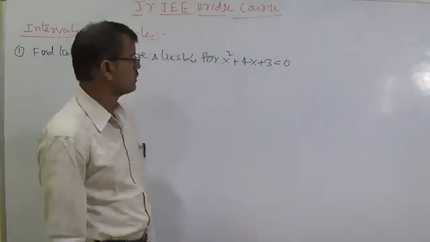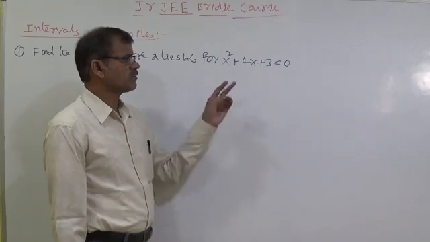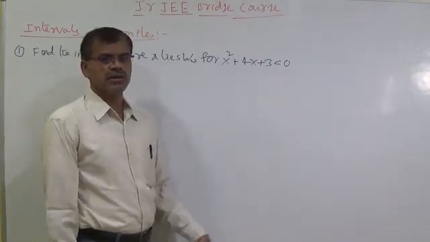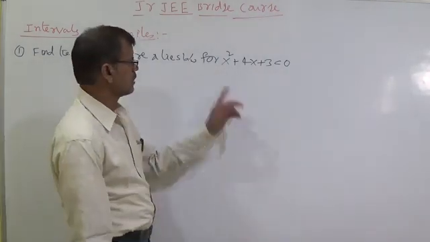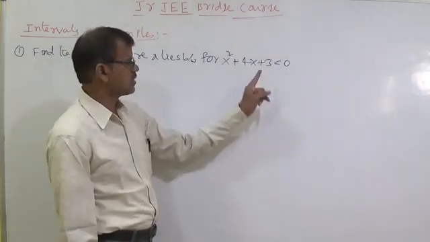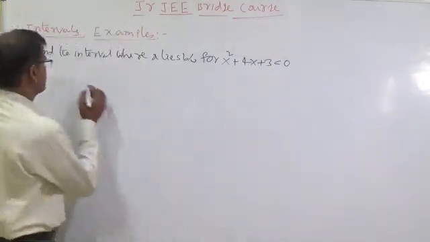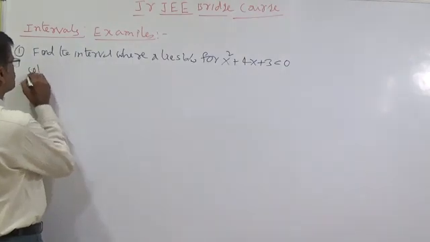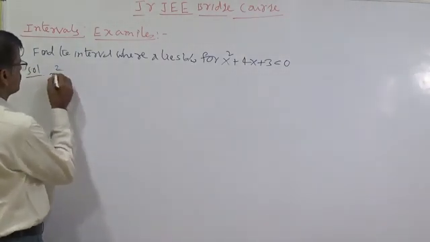This is the curve, depending upon intervals. We have discussed in the previous class regarding inequalities. This is not equal to 0. This is an inequality. First of all, we should calculate the solution.